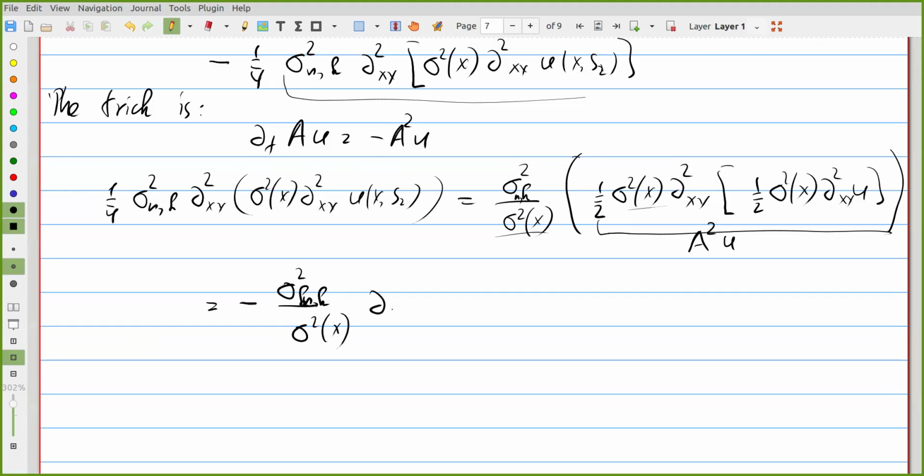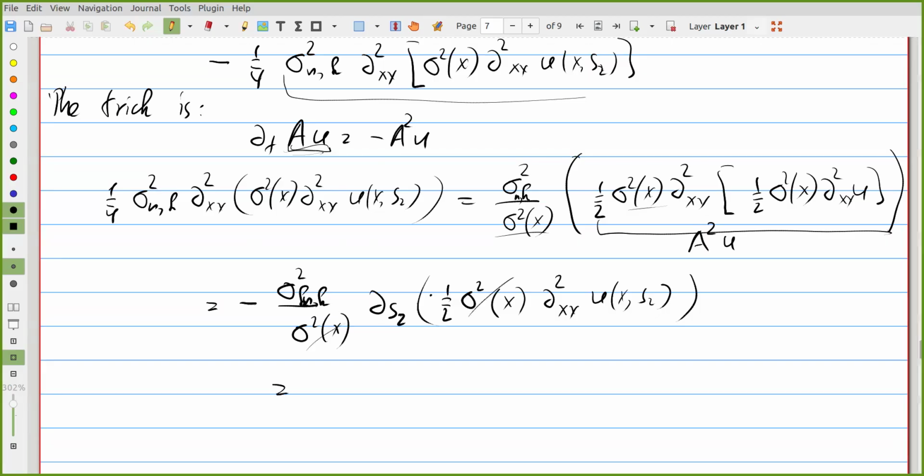And here stands just the derivative with respect to time, applied to the result of application of A once, which is 1/2 σ² x ∂²_xx u_x(s2).